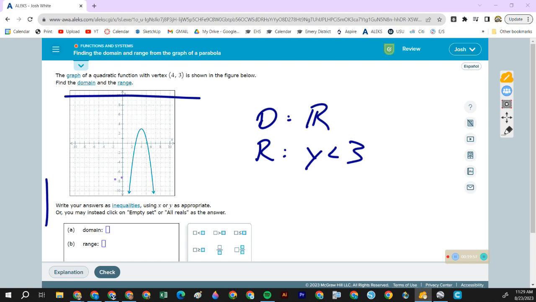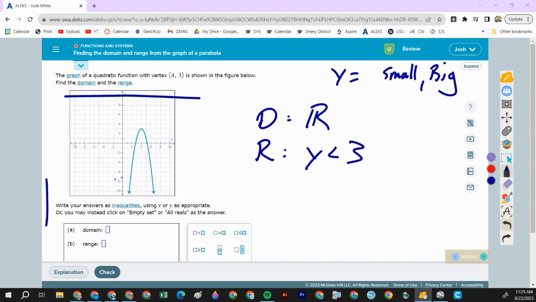You also need to know something called interval notation. So interval notation is like y equals small, comma, big. And you either use parentheses or brackets. Have you guys ever seen this? Okay. Parentheses mean not equal to, and brackets mean equal to.